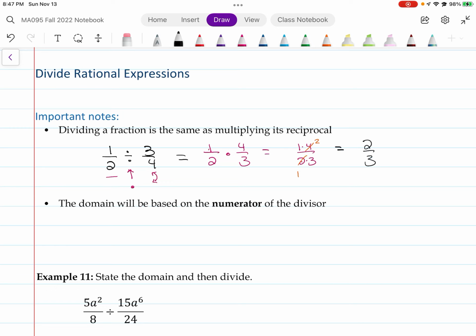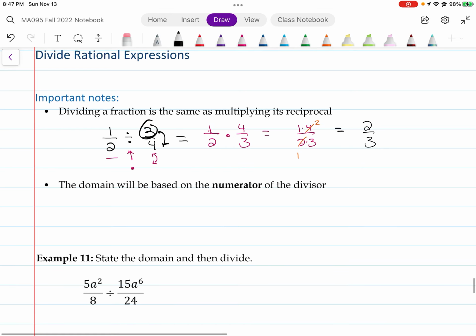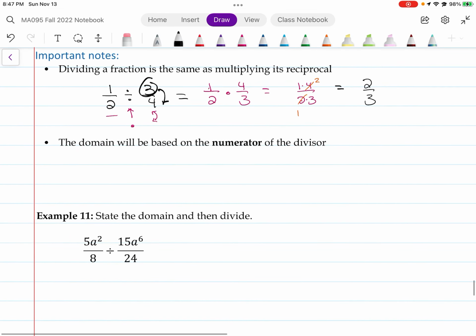All right, because the divisor ends up on the bottom, the domain will be based on the numerator of the divisor. So state the domain. Because this is going to end up flipping over, the domain is based on this, which means a cannot be 0.